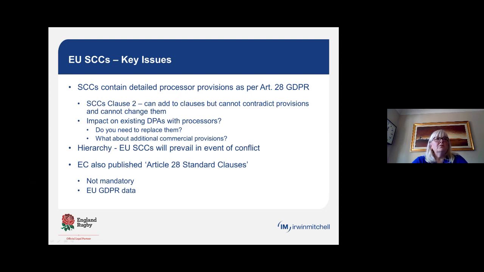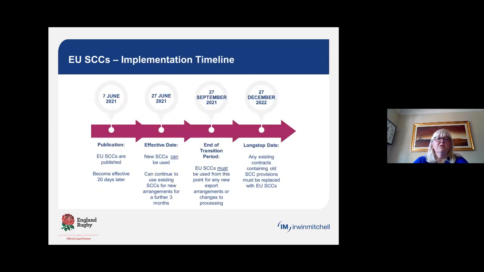So moving on to the next slide, apologies, you'll see that I've put a timeline because it's not entirely straightforward about how these standard contractual clauses come into force, when you have to use them, when you can use them, what the long stop date is. As you'll see there, they were officially published on the 7th of June. They could be used from the 27th of June 2021.